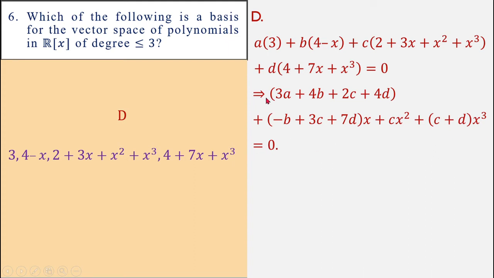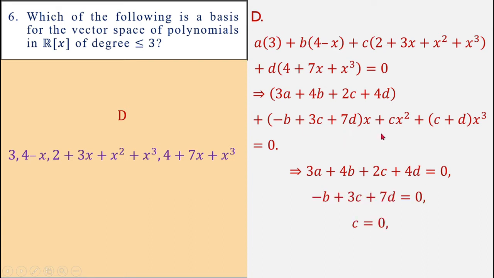So this linear combination is equal to 0 if and only if all the coefficients are equal to 0. That means we get 3a plus 4b plus 2c plus 4d is equal to 0, minus b plus 3c plus 7d is equal to 0, c is equal to 0, c plus d is equal to 0. As c is equal to 0, when we substitute, you will get d is also equal to 0. When we substitute c equal to d equal to 0 in the second relation, we will get b is equal to 0. And when we substitute b equal to c equal to d equal to 0 in the first relation, we will get a is equal to 0.